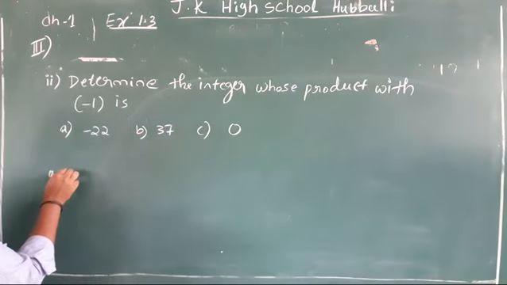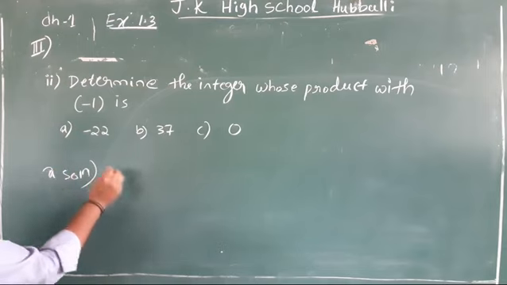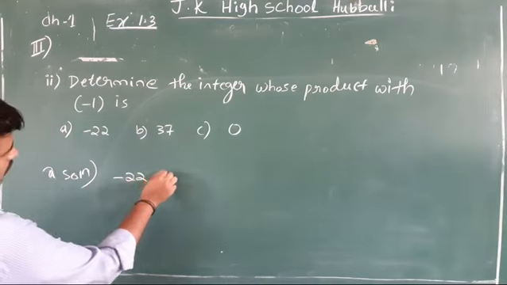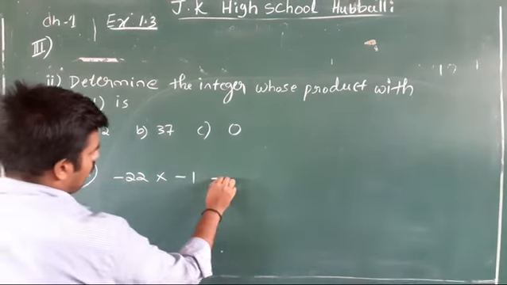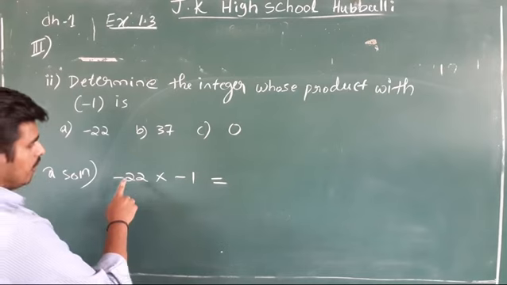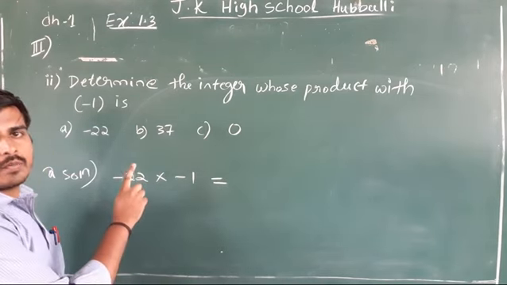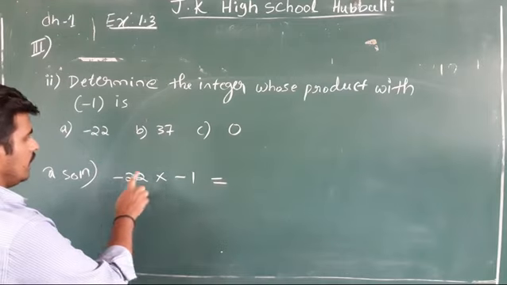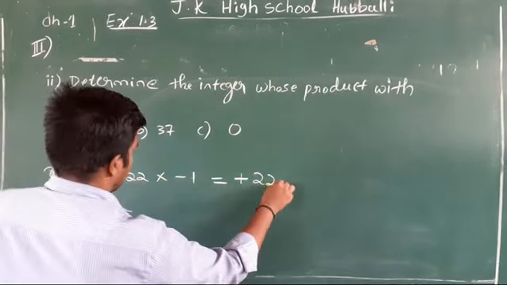So a solution. First a solution we will take: minus 22 into minus 1. Minus 22 into minus 1 will give you what? For any multiplication of any two integers, first you need to multiply their signs. Minus into minus plus, 22 into 1 will give you 22.